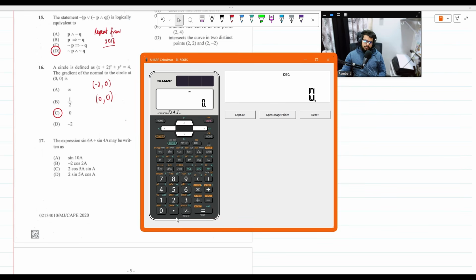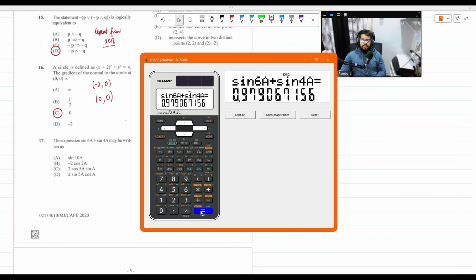Let a be something, 5.89623, and I'm going to store that in the slot A. It doesn't matter what measure your calculator is in, whether it's degrees or radians. Sine 6a plus sine 4a, sine 4a is 0.9. I'm writing this down.